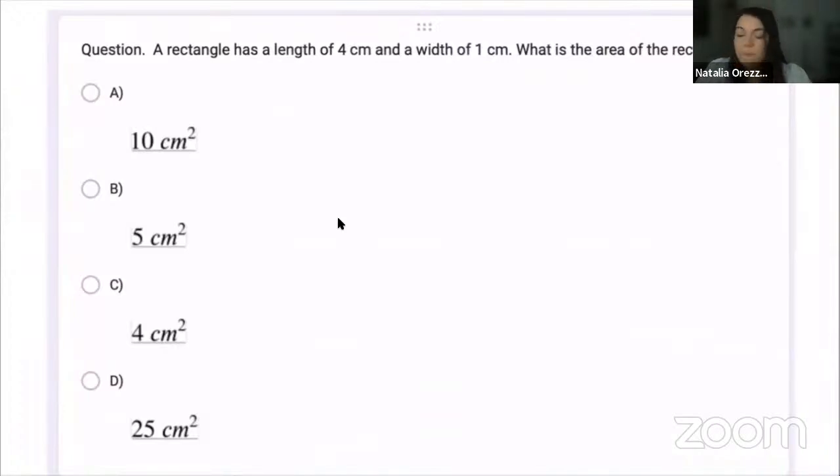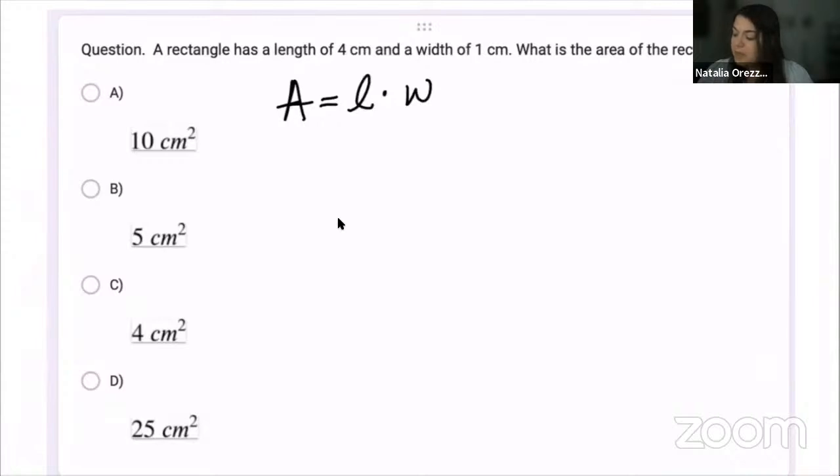So here we go. The final question says, a rectangle has a length of 4 centimeters and a width of 1 centimeter. What is the area of the rectangle? Another equation that we need to memorize for the ASVAB: the area of a rectangle is length times width.